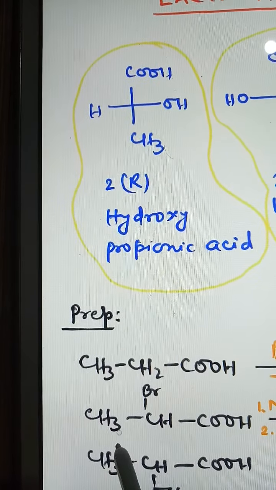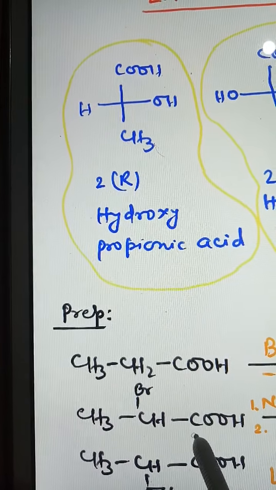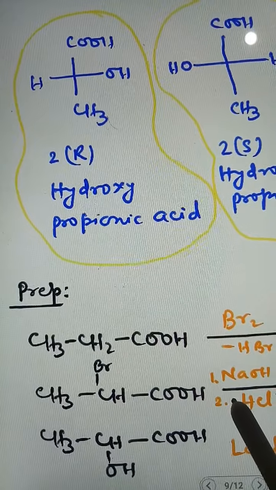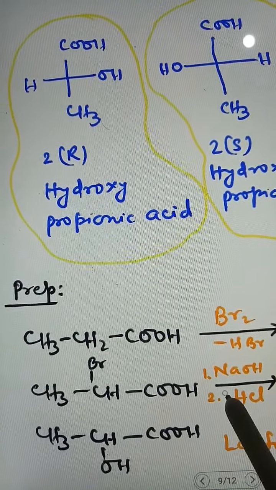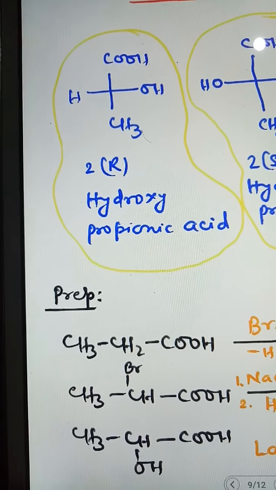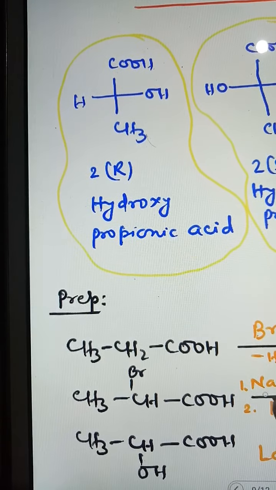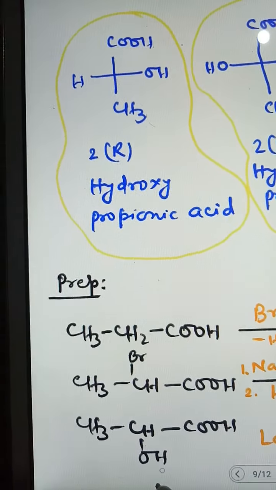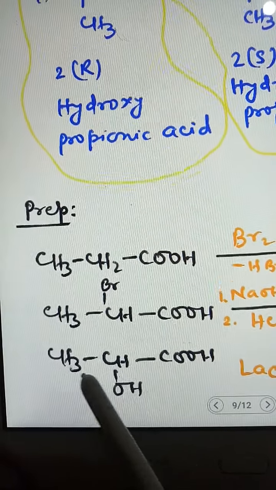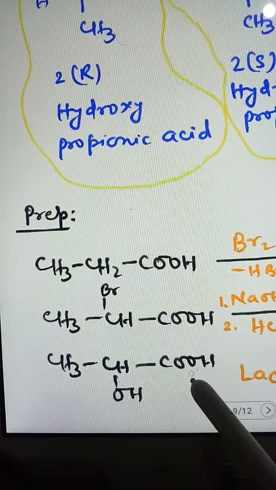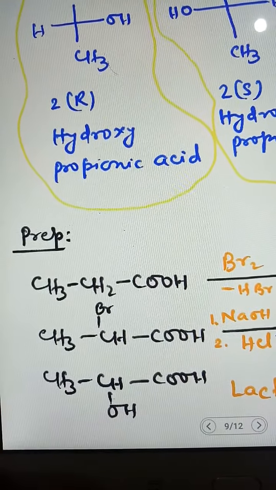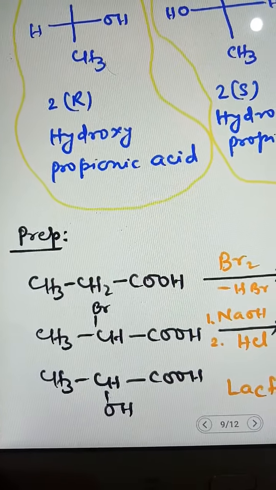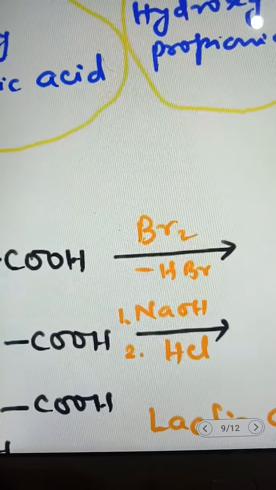This is the resulting 2-bromopropanoic acid, and by heating with dilute sodium hydroxide solution, you will get lactic acid, CH3CHOHCOOH. This is one method of preparation with the help of propanoic acid.